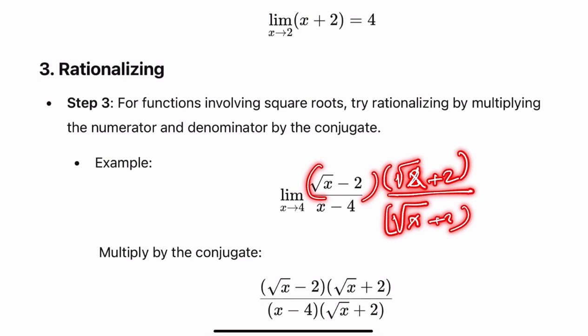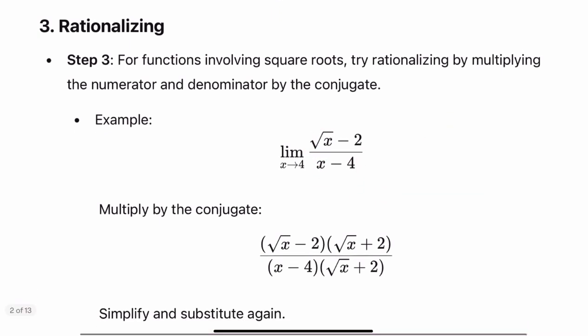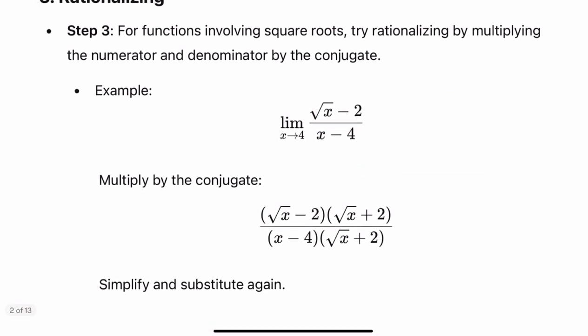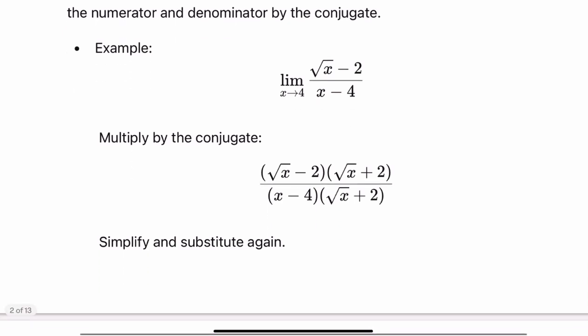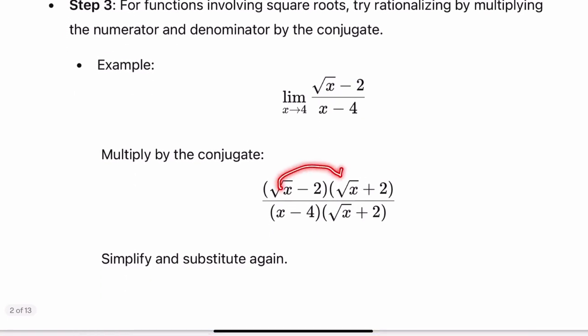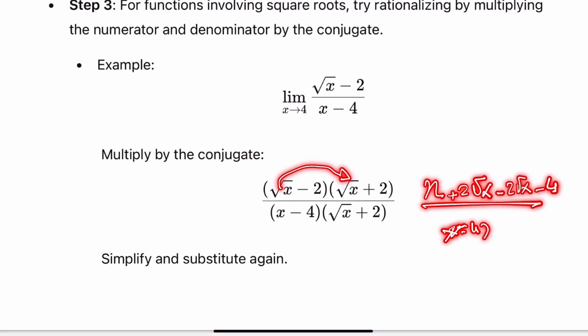And then we can simplify our expression. Because you will have square root of x times square root of x, which will give you x, plus 2 square root of x minus 2 square root of x minus 4, divided by x minus 4 times square root of x plus 2.